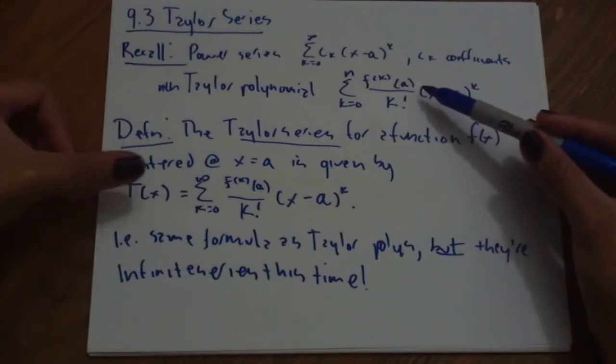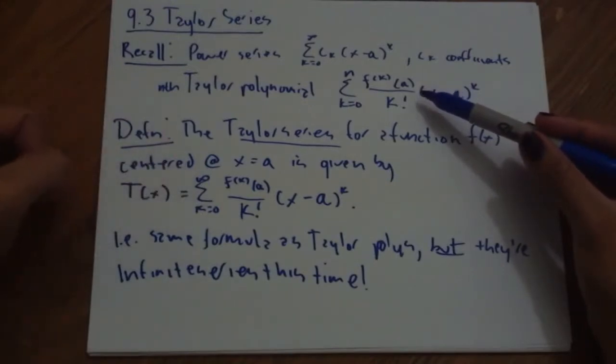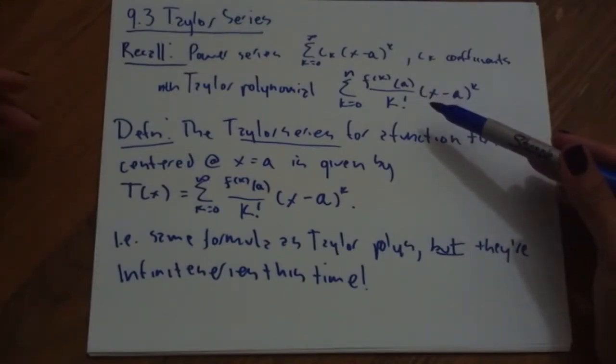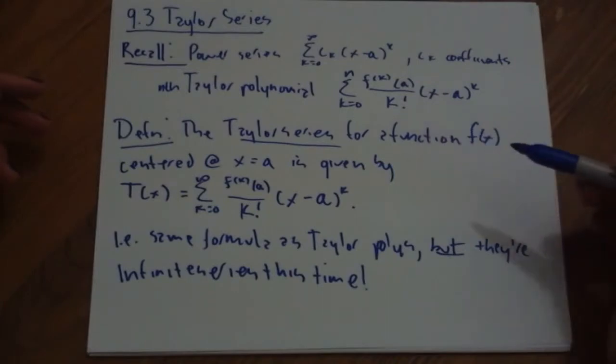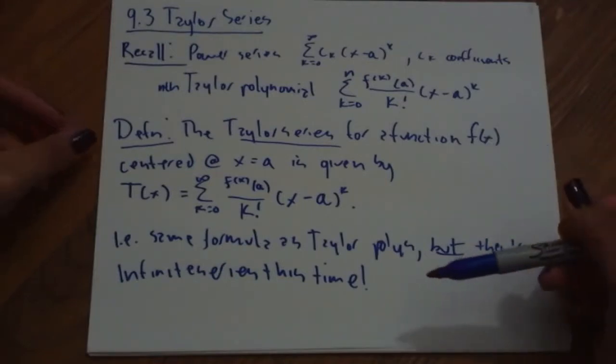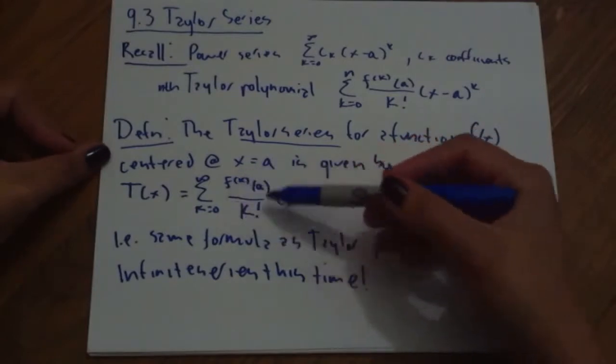Because if we're taking an infinite series, we're not going to take an infinite number of derivatives. So the new trick for today is, instead of taking all the derivatives that we need, because we're obviously not going to have time to do that, we're going to take as many derivatives as we need to try and get a feel for a pattern for this coefficient.